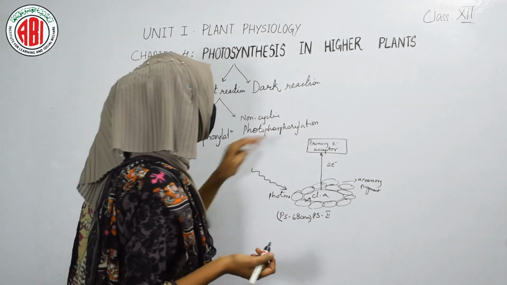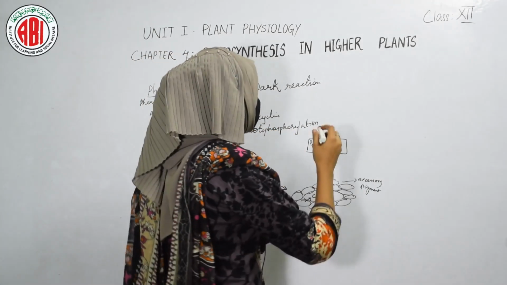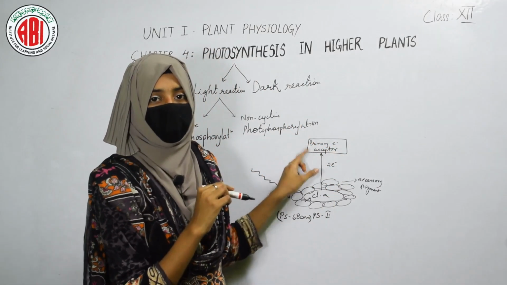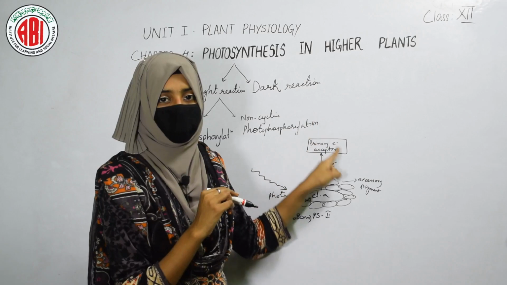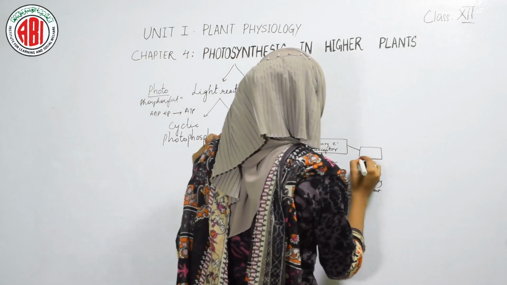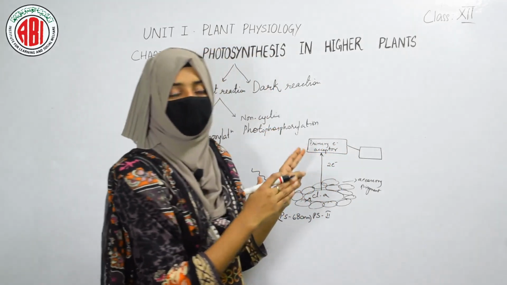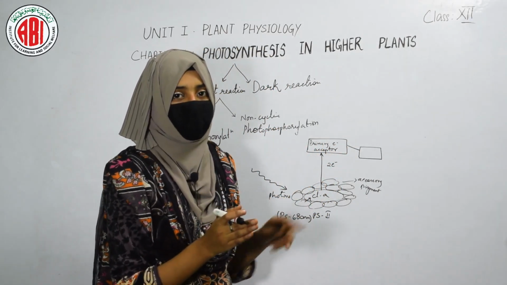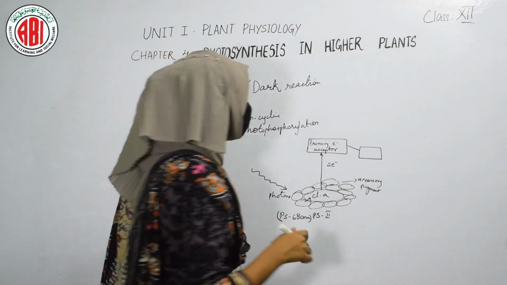Now from this primary electron acceptor, the electrons move down. They move from a high energy level to a lower energy level. When they come down, they move through some electron acceptors, and that forms the electron transport chain.